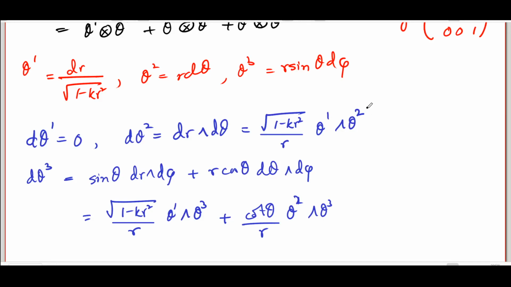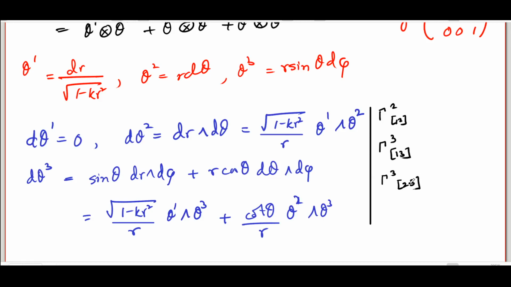In fact, it is easy to see that the only non-zero gamma I square bracket jk's that you can have are the following: gamma 2, 1, 2 from here, and of course gamma 2, 2, 1, that's not independent, so I'm not listing that separately. Gamma 3, 1, 3 from here, and gamma 3, 2, 3 from the last term.